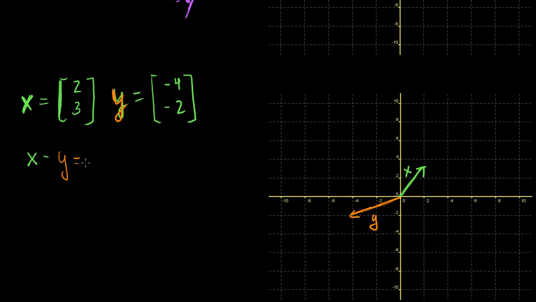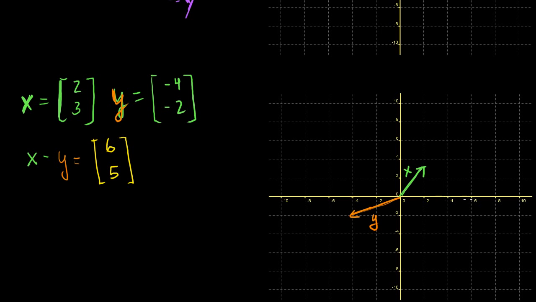We just did it the first way the last time because I wanted to go for my basic definitions of scalar multiplication. So x minus y is just going to be equal to 2 minus -4, which is the same thing as 2 plus 4. So it's 6. And then it's 3 minus -2, so it's 5. So the difference between the two is the vector 6, 5.